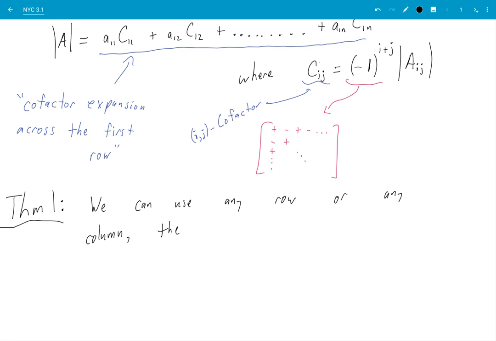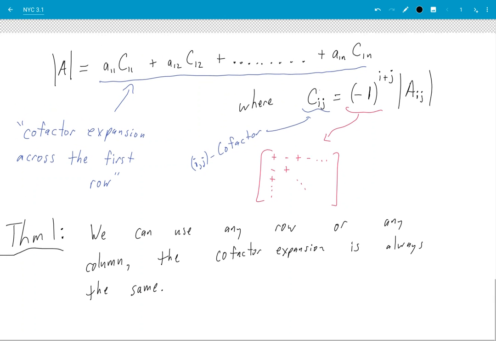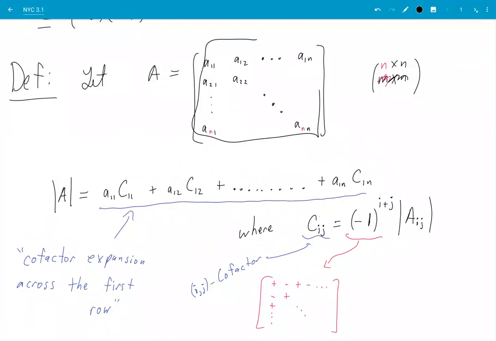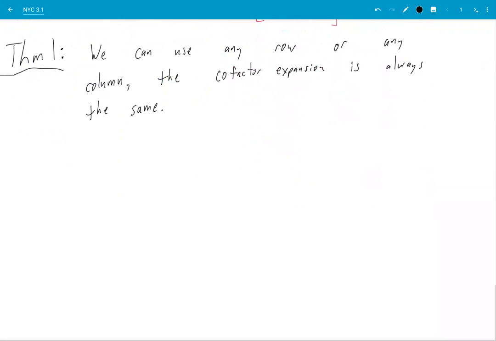Let's say the cofactor expansion is always the same. This is a bit surprising. There's some complication here. You have a cofactor expansion up here. You can think of it as a polynomial where the variables are not x, y, z, but the variables are all these n squared variables. And this polynomial has certain properties. And here's one of them.